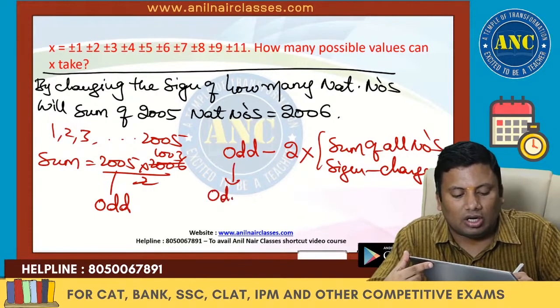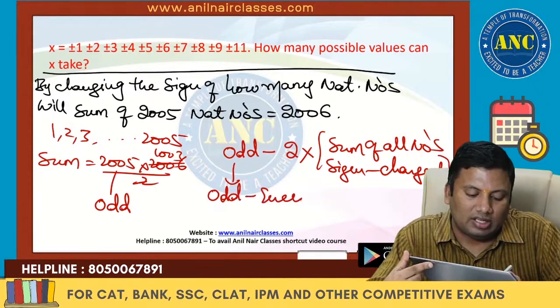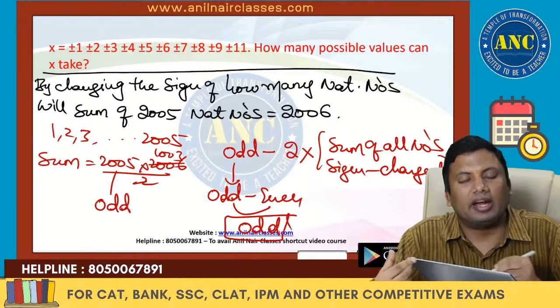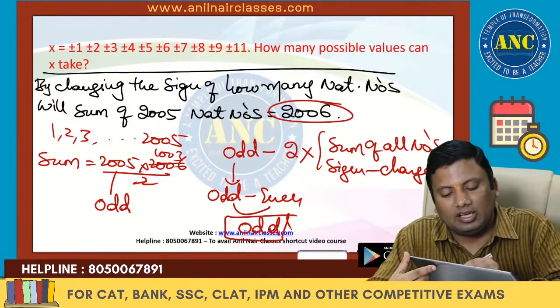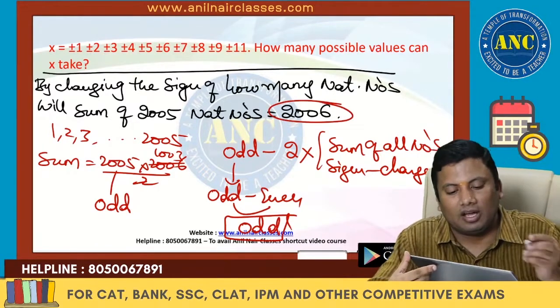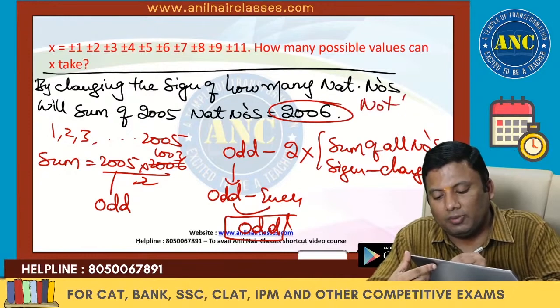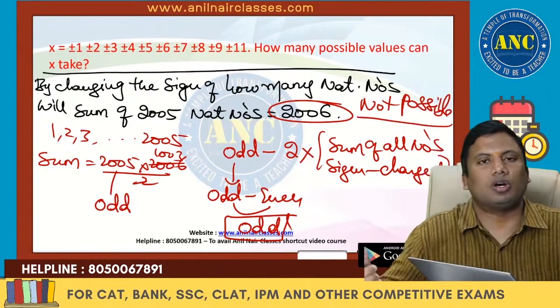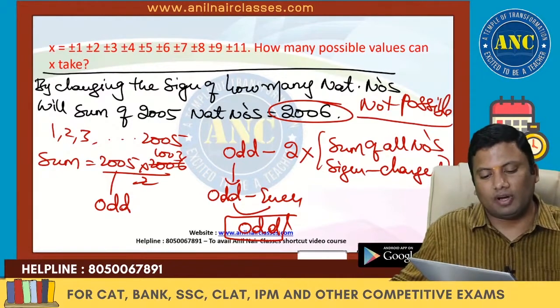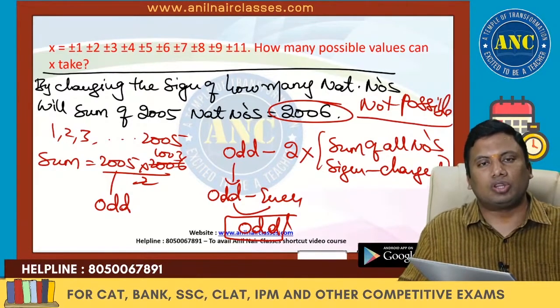This is odd, 2 into any number is even, and odd minus even is odd. I will only get an odd answer, but the question asks for even. So it is not possible. In any case, you will not get the sum as 2006.